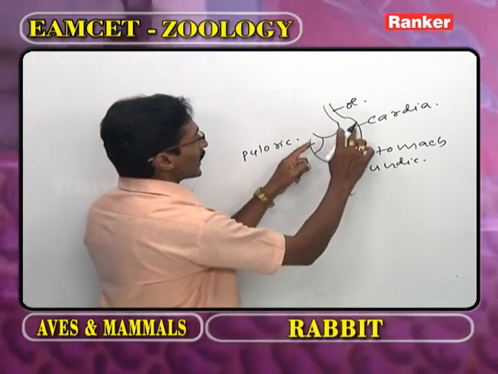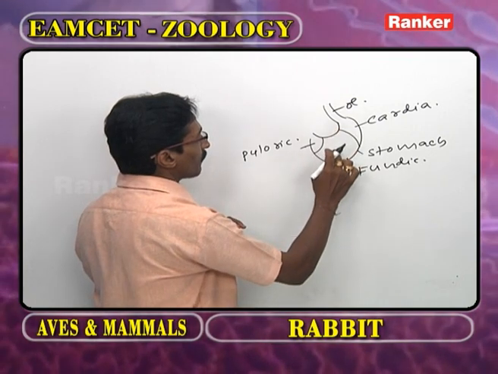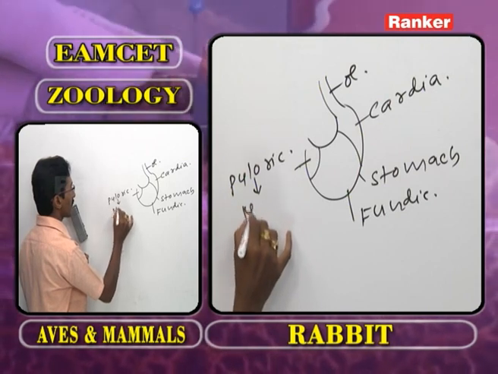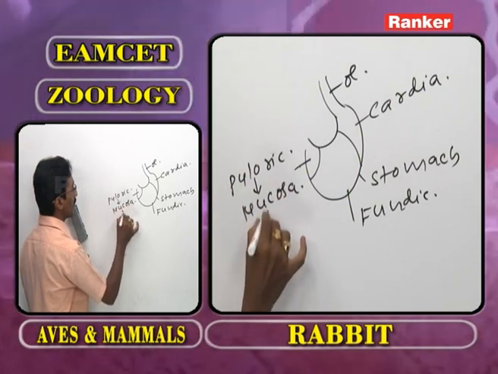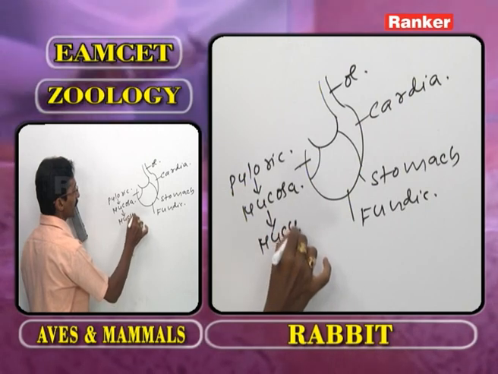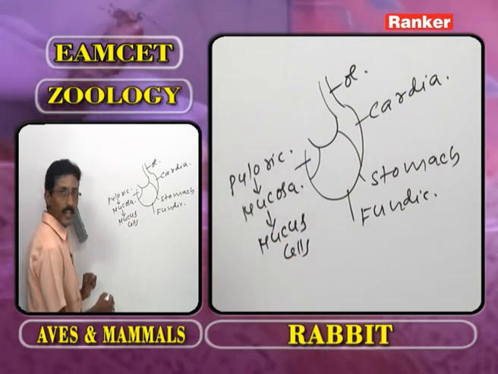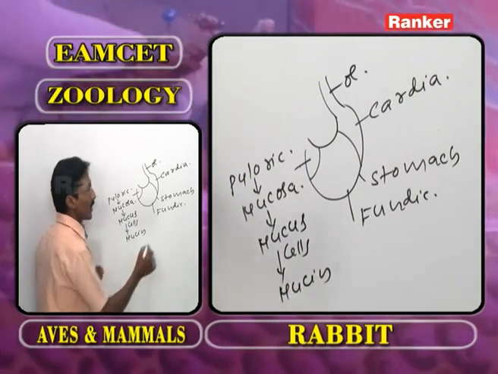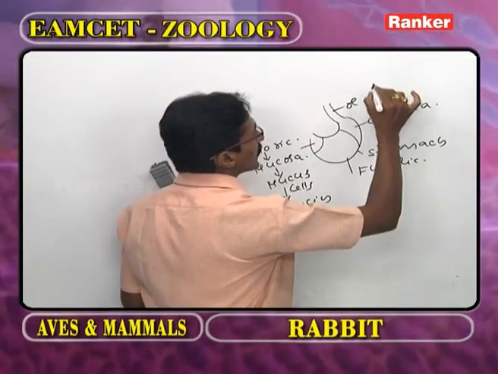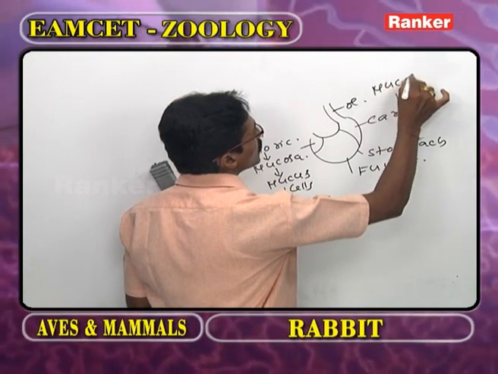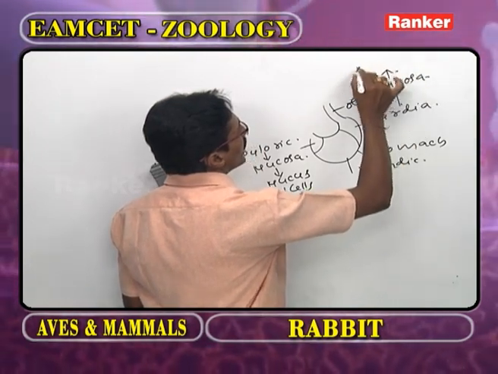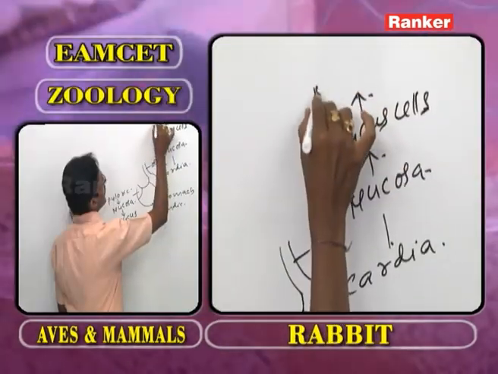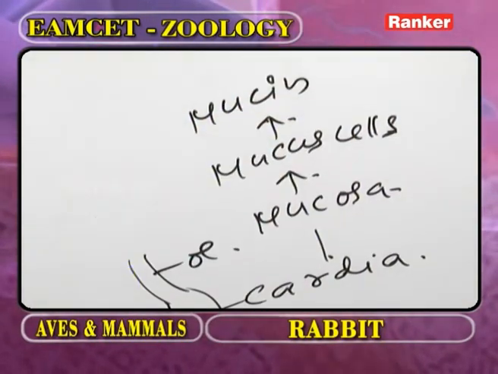Now as we observe the cardiac, fundic and pyloric stomach, in the pyloric stomach the mucosa has only mucus cells. Here the mucus cells secrete mucin. What about the cardiac stomach? Here also the mucosa has mucus cells, which secrete only mucin.